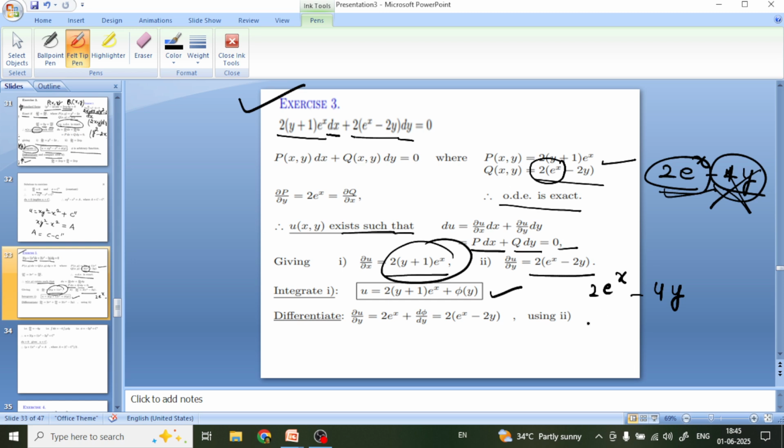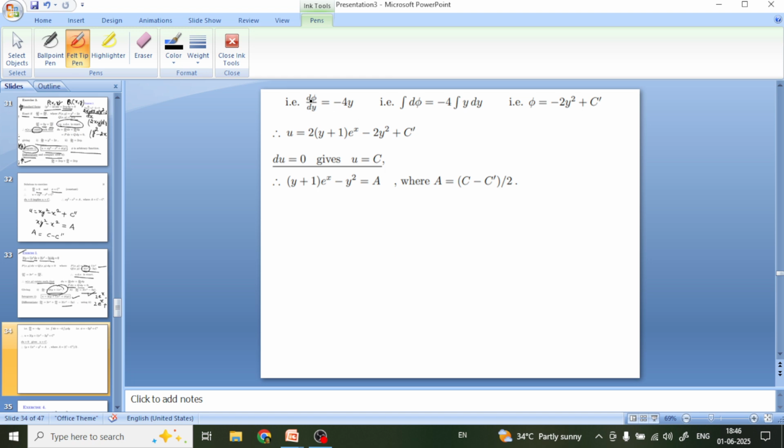Now we differentiate 2e raised to power x as it is, plus d over dy of phi, and this should be equal to this value.